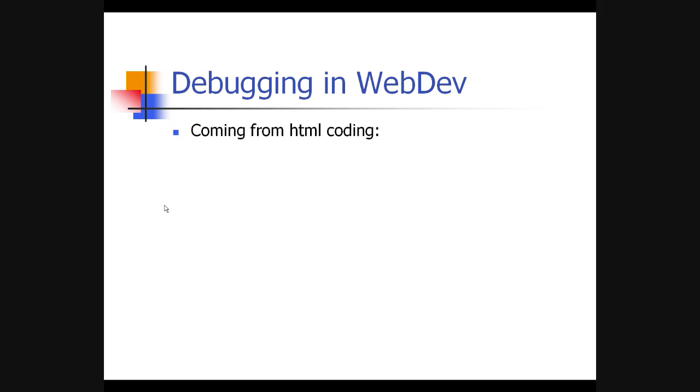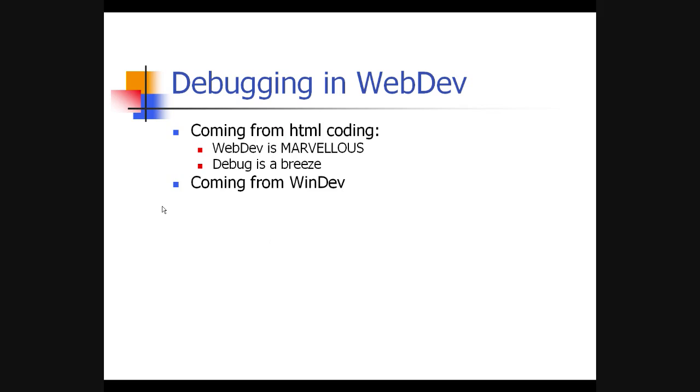Basically, there are two different cases. Either you're coming from HTML coding, PHP coding, JavaScript coding, all these kinds of wonderful things, and in that case, WebDev is absolutely marvelous, and debugging in WebDev is a breeze. It's easy. You have no idea how easy that is. Now, of course, if you are coming from WinDev, you are totally and irremediably spoiled.